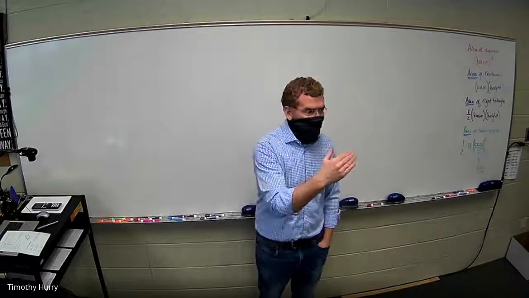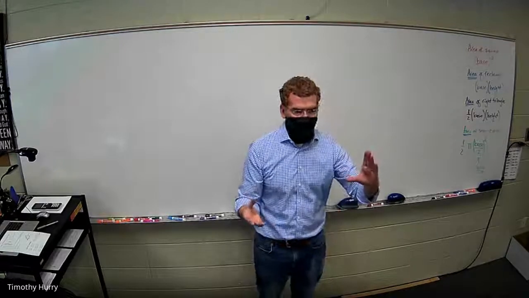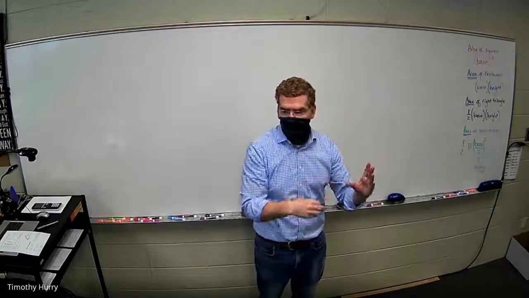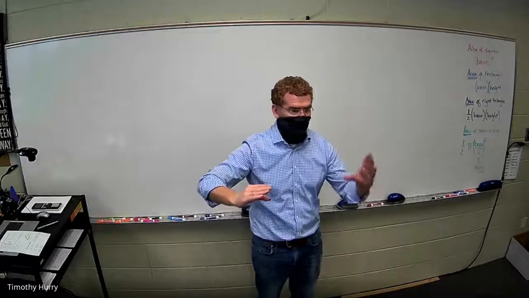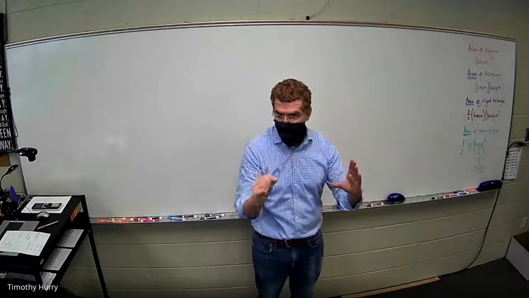Because if it's a right triangle and I tell you it's a 30-degree angle, well, you know one of them is already 90, right? So that would be 30, 90, 60, or 30, 60, 90. If I tell you this one's 20 degrees and it's a right triangle, then 20, 90, 70, right? Because of the complements.